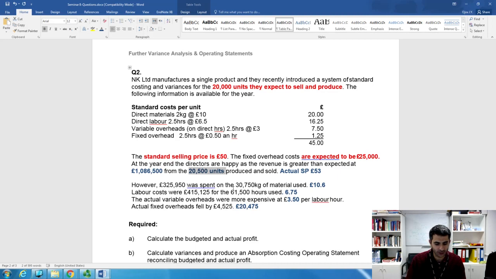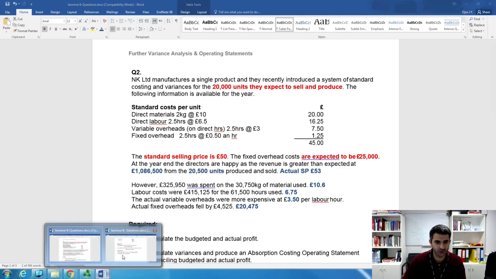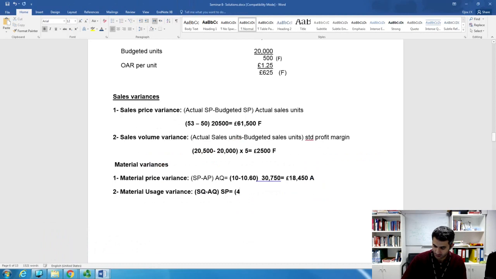So here we go. Let's do it, guys. That's 2 kilo times 20,500. That's 41,000 kilogram.